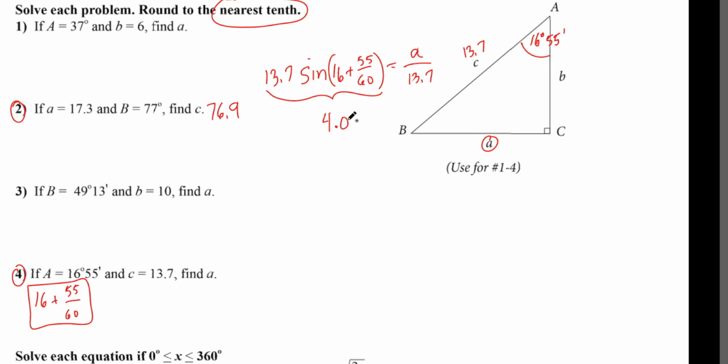Some of you guys are not rounding correctly, and sometimes I'm getting people putting 2 digits after this. That's not the nearest tenth, is it? Other teachers would mark that wrong. I'm just letting you know right now, okay? Not everybody, but some teachers would mark it wrong if you put 4.03 or something like that. That's not rounded to the nearest tenth. I'm a little bit lenient on that.